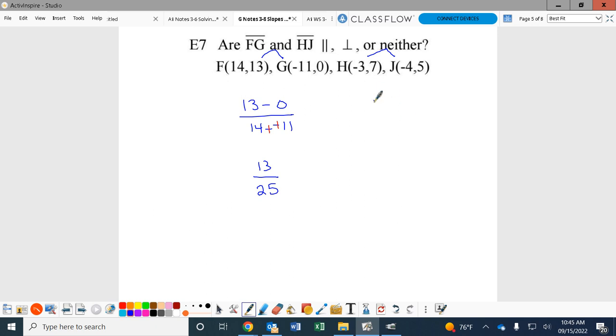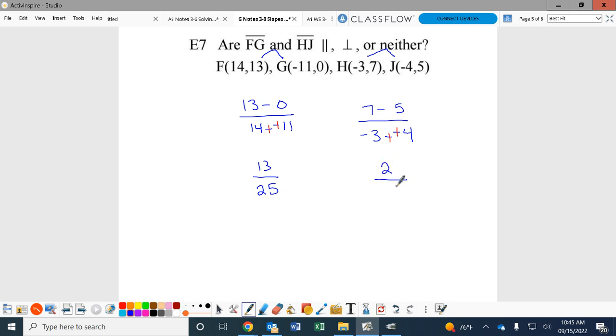For the other side, it's going to be y minus y, which would be 7 minus 5, over x minus x, which would be -3 minus -4. That double negative would turn into a positive. So the top of your fraction, 7 minus 5, would be what? 2.